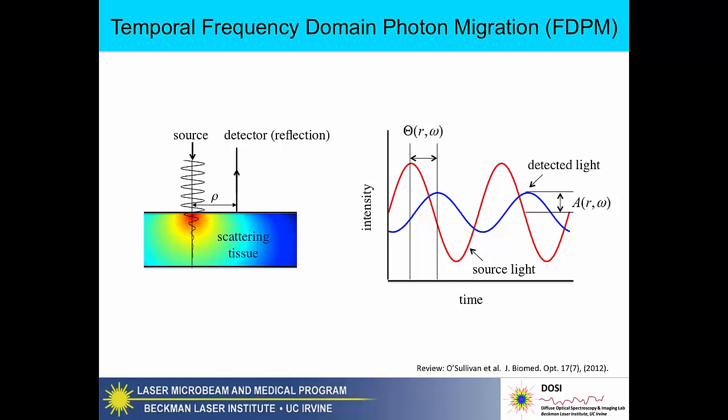You can do transmission, and that forces you to look at light that's propagated entirely through the tissue. And then you can use the time gating or the frequency gating to look at different propagation times and then look at different distances or sections of the tissue by sectioning through in time.